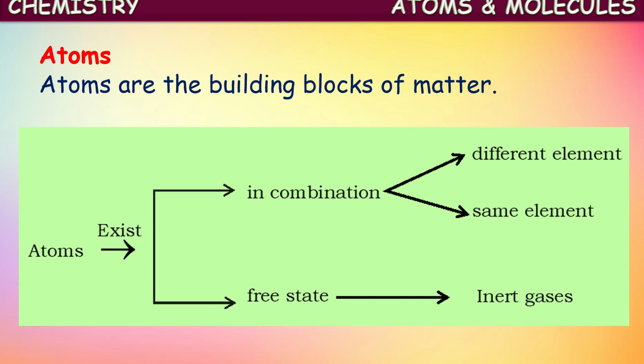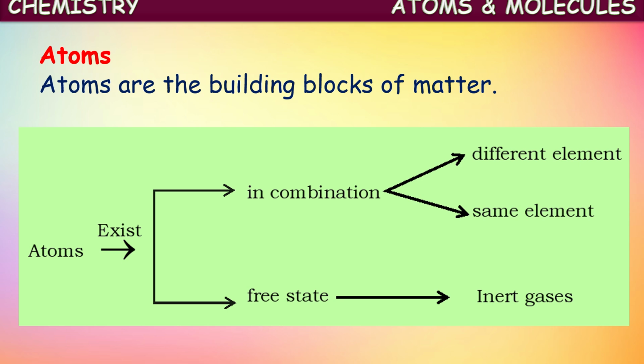Just below, we are given one flowchart. In that, the classification of the existence of atoms is given. Atoms generally exist in two ways: in combination and in free state. If they exist in combination, that is again of two types.